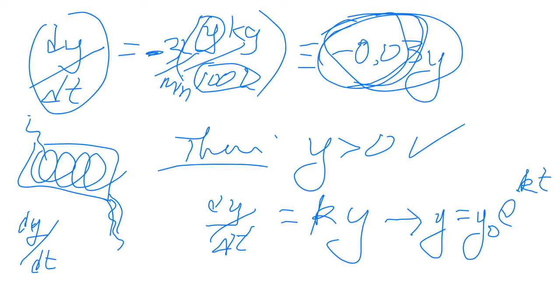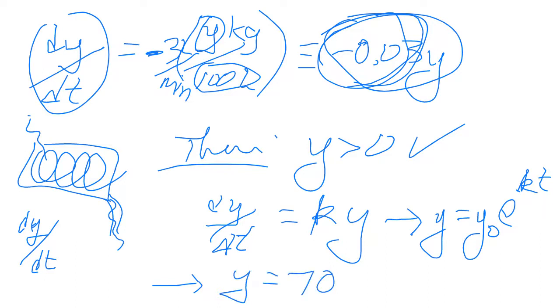Okay, so basically what we can say here is y0 is the original amount, if y equals y0 when t equals 0. So we know that y0 is 70. So we can come up with our equation: y equals 70.